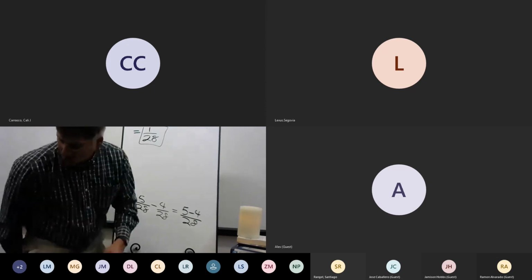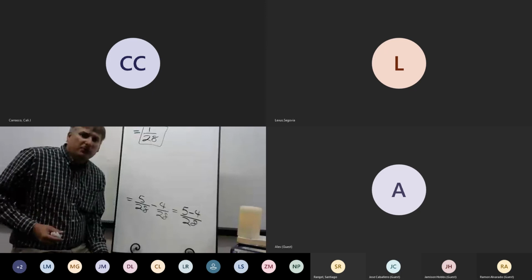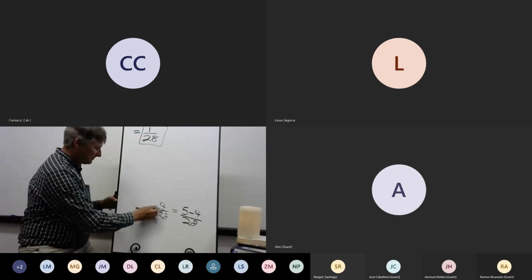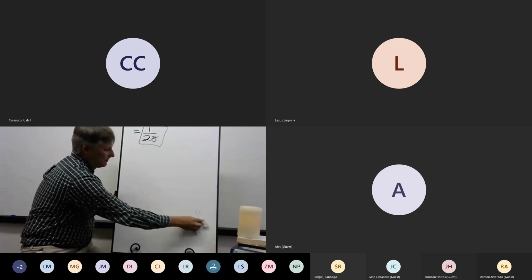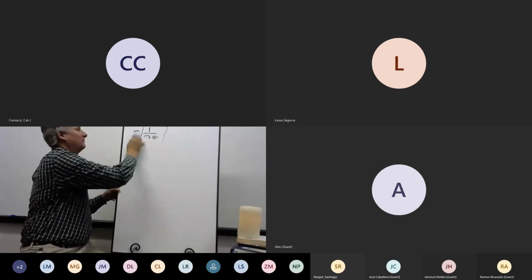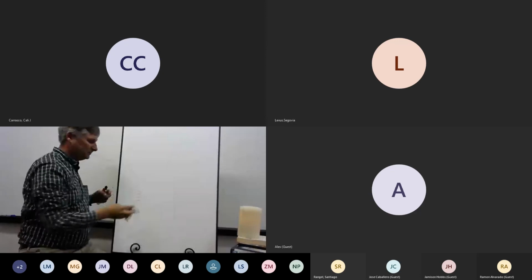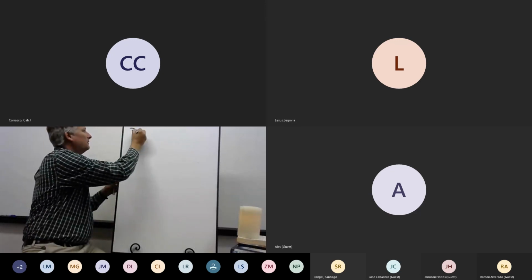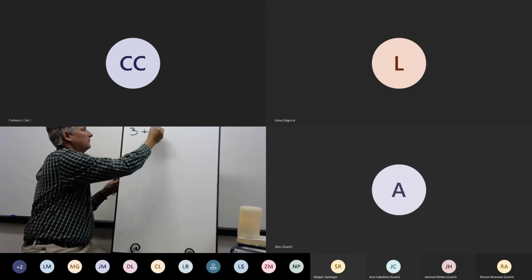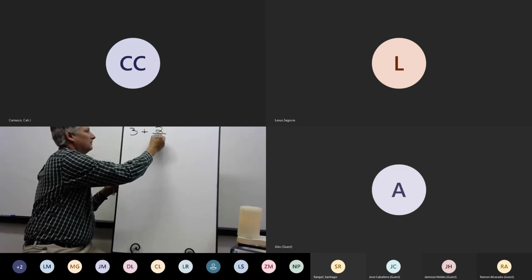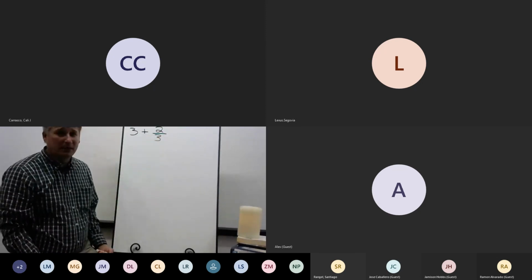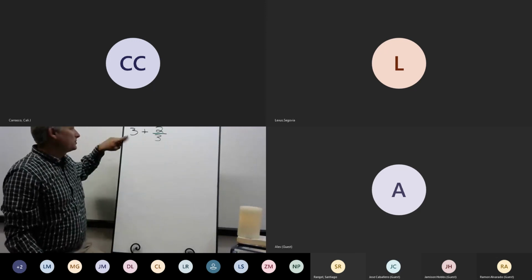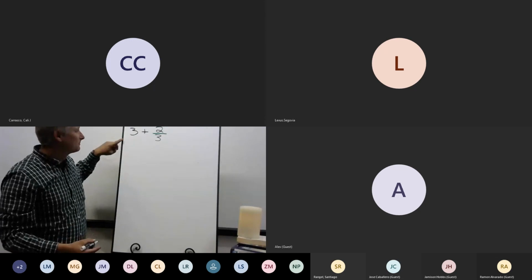So one last thing I do want to mention. When working with fractions, sometimes you'll get whole numbers thrown in there. So for example, you might get something like this. The way you handle this is we want to turn this into a fraction.